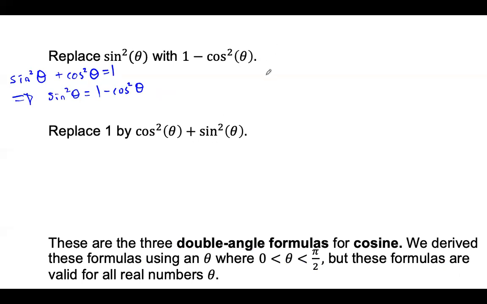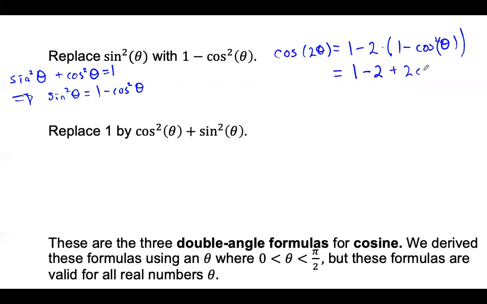So cos 2 theta is equal to 1 minus 2 times 1 minus cos squared theta. So this is going to be 1 minus, and then we bring in the -2 using our distribution property. Negative, negative make a positive, so a positive 2 cos squared theta.